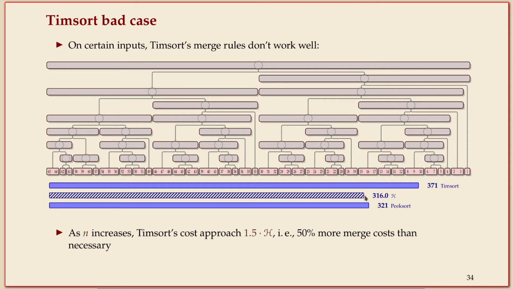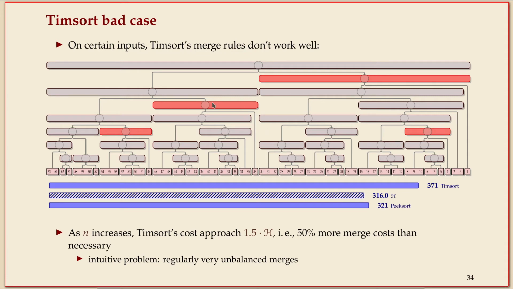And if you run peaksort on this, it gets close to that. But Timsort does what you see here. And I want to highlight that there's a few specific merges that seem just not very smart.